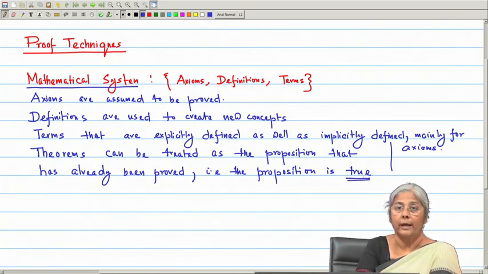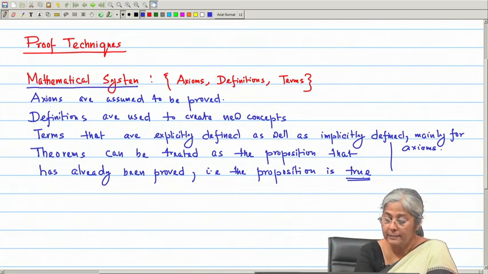Now, an argument that establishes the fact that this proposition is true is a proof.